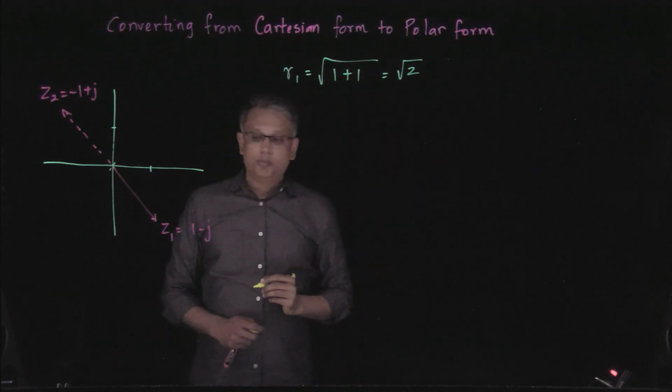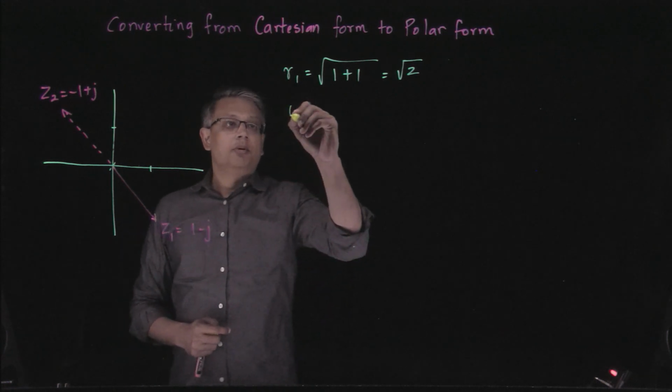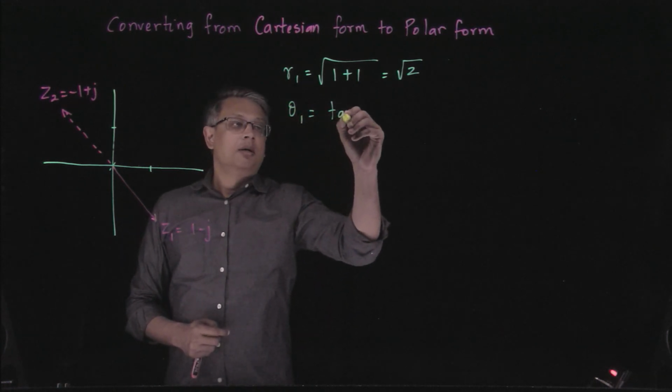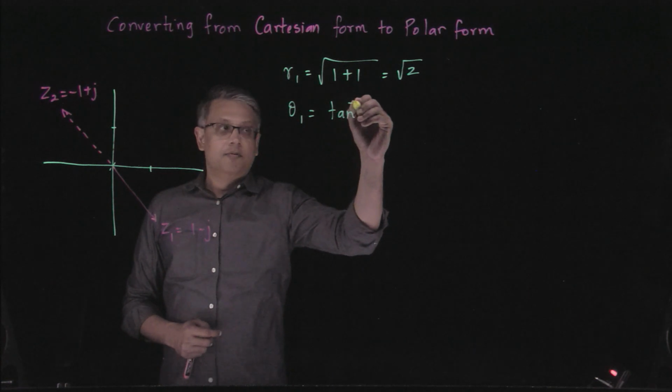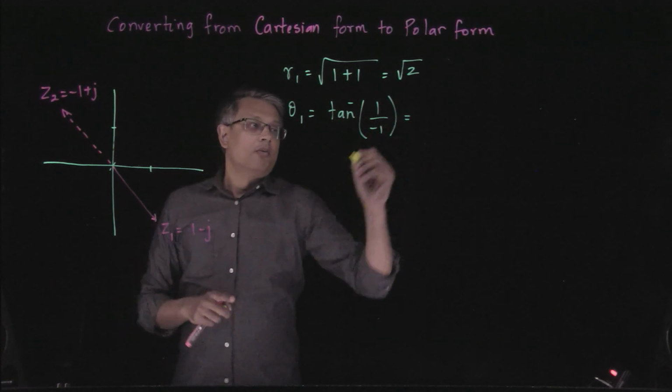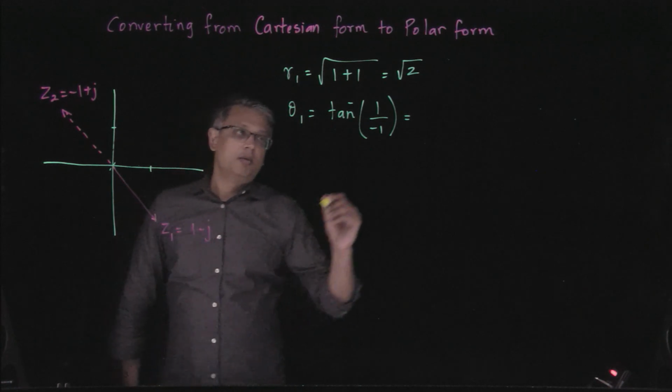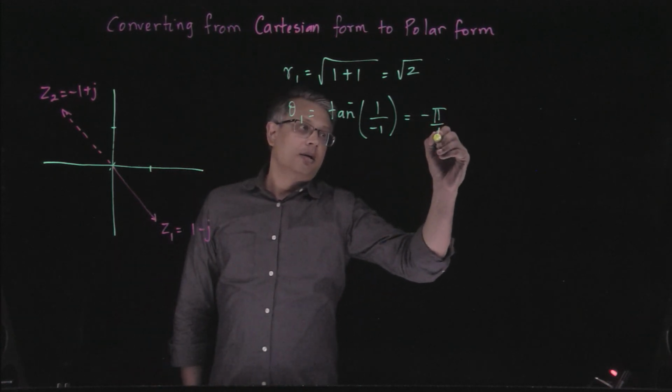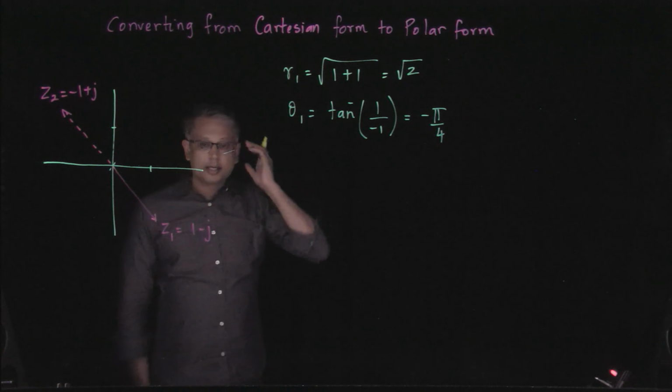So you would get r1 to be square root of 2. And to compute the angle theta 1, you would see that this is the inverse tangent of 1 over negative 1, which when you plug into your calculator, you might get negative pi over 4, which is indeed the correct answer.